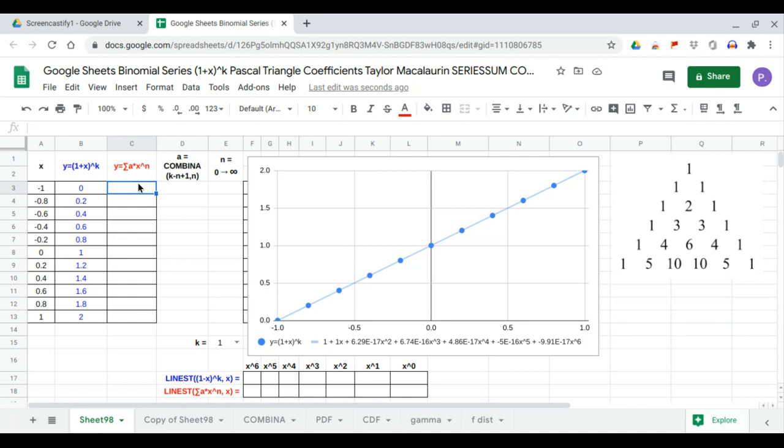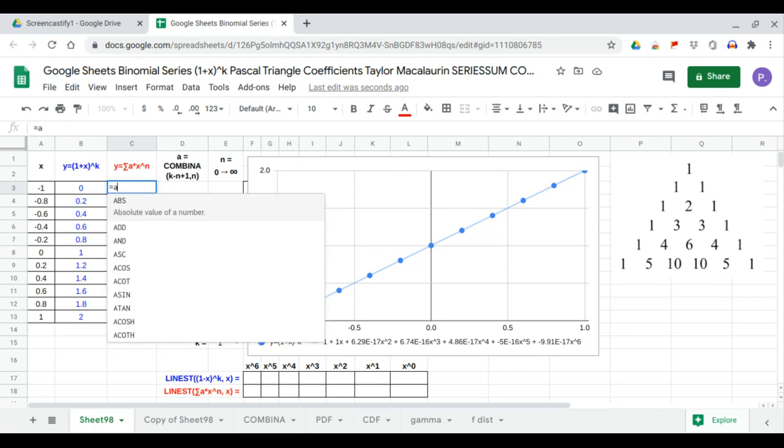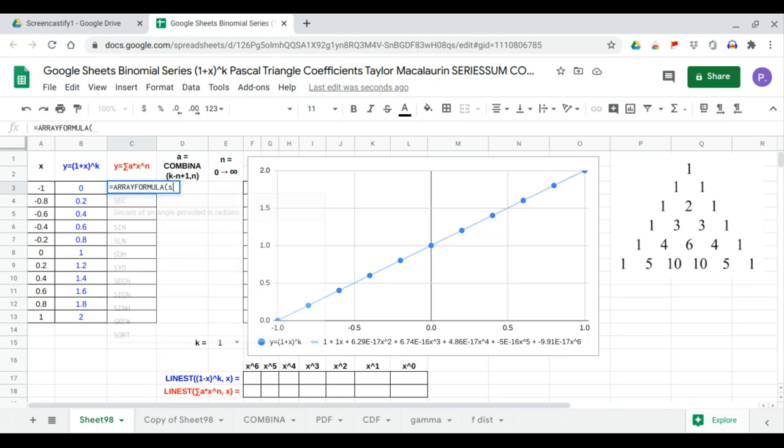And we'll generate also the Taylor-Maclaurin SERIESSUM expansion. So this is our formula, series sum of the x values. The definition of this is the summation of a times x to the n, where a is COMBINA of k minus n plus 1 comma n.